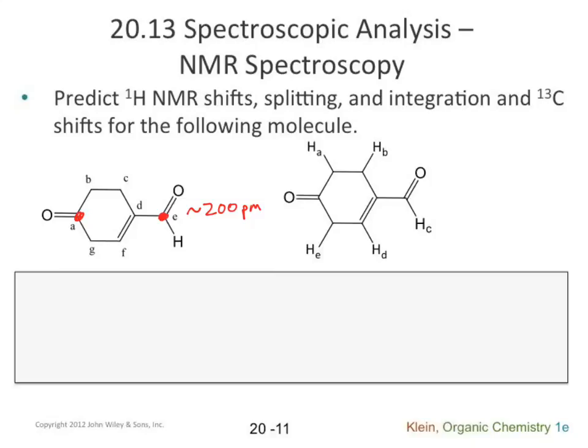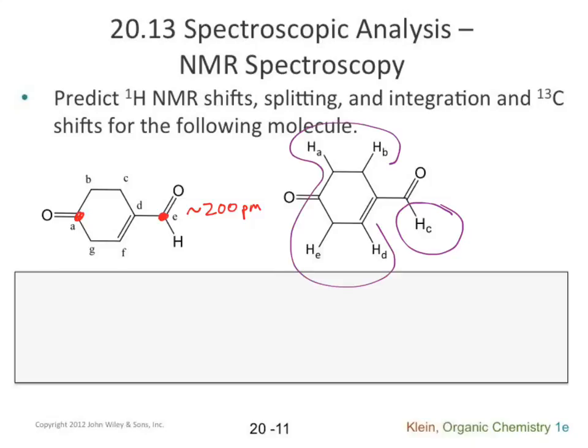When we look at HNMR, based on what we were talking about, what's the only signal that we would see? HC is the only kind of important one. Why only look at that one?